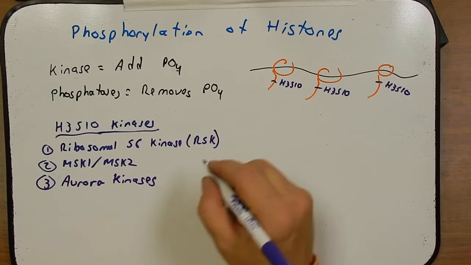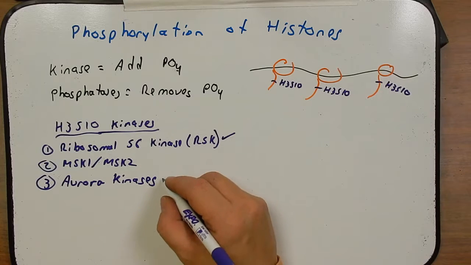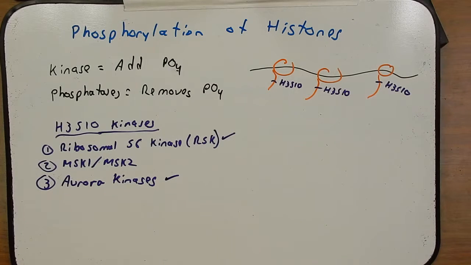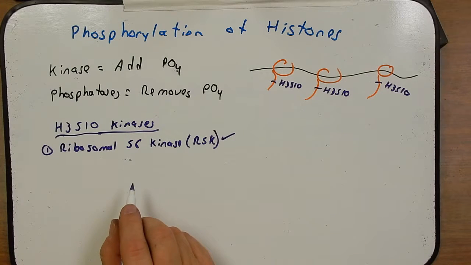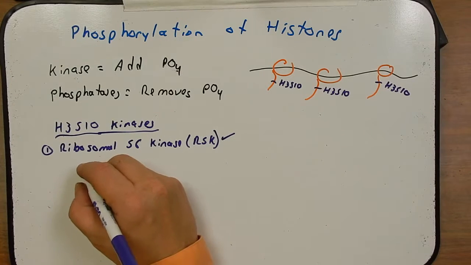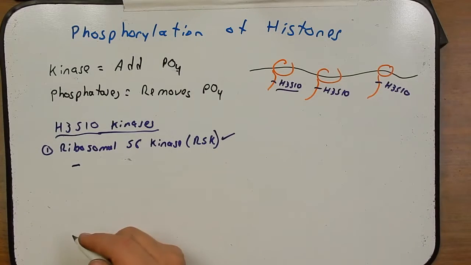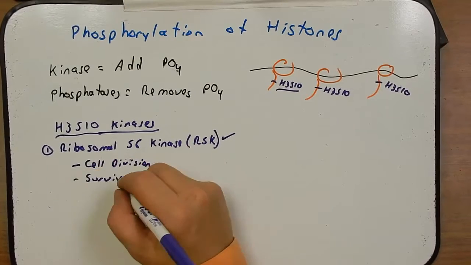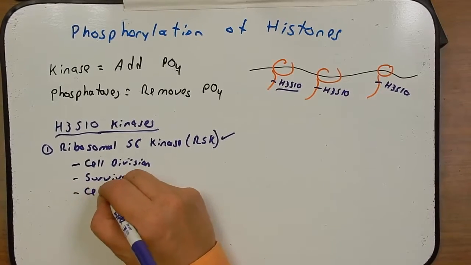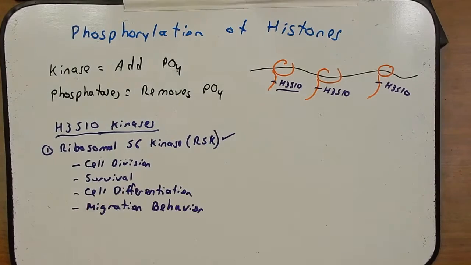And I want to spend a little bit of time talking about the ribosomal S6 kinases and the Aurora kinases. So these ribosomal S6 kinases. These kinases have been shown to phosphorylate H3S10 in response to cell division, survival, cell differentiation, and a fun one here, migration behavior.